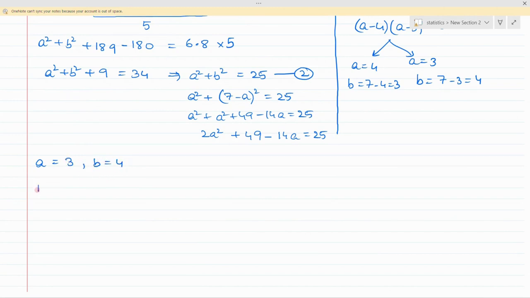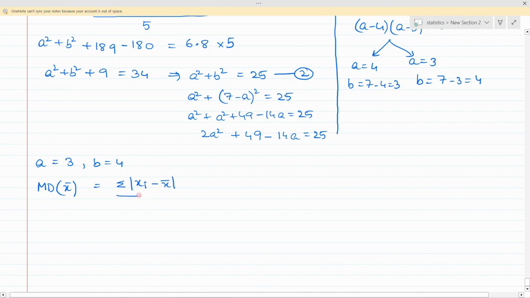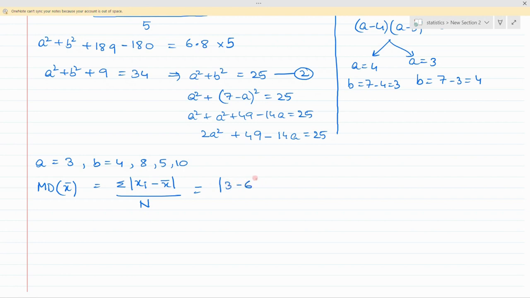Now we need to find mean deviation about mean. So it becomes sigma mod xi minus mean upon total number of observations. So what's the data? The remaining data is 8, 5 and 10. So we can write it as xi. First point is 3 minus mean. What is the mean over here? 6.